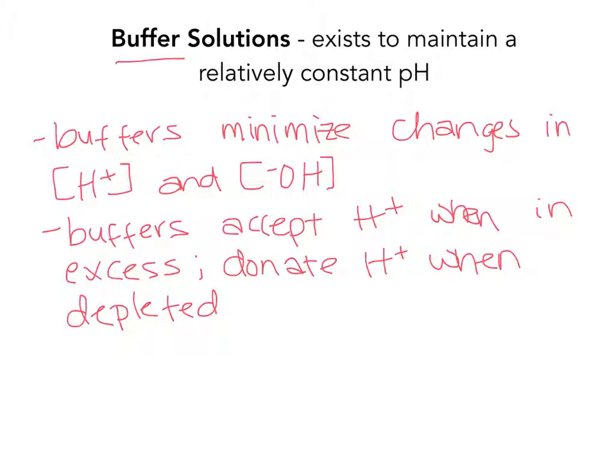Buffers do so by accepting hydrogen ions from the solution when they are in excess, or donating hydrogen ions to the solution when they have been depleted. Most buffer solutions contain a weak acid and its corresponding base, which are able to reversibly combine with hydrogen ions.